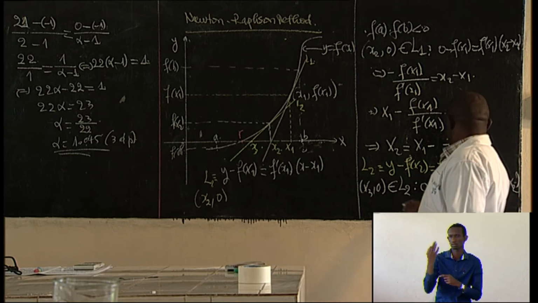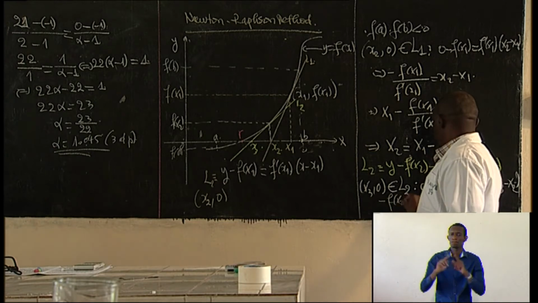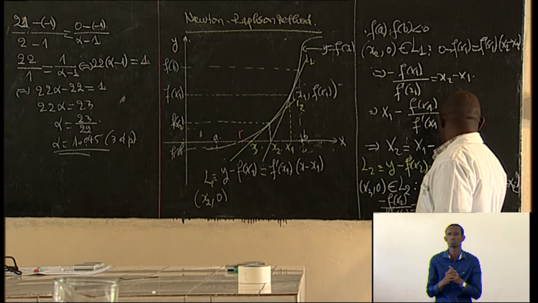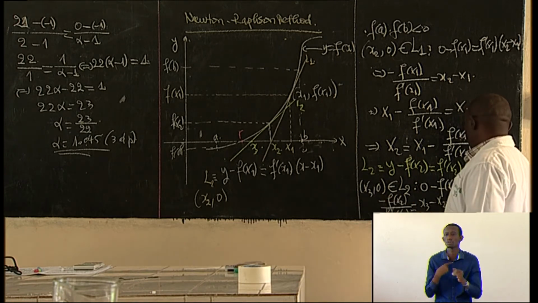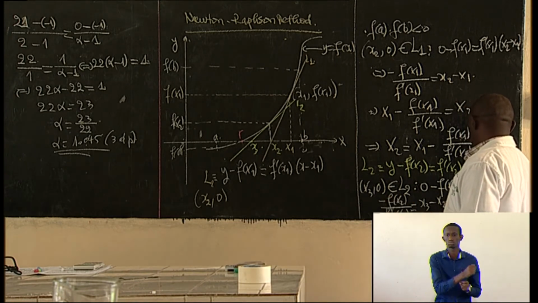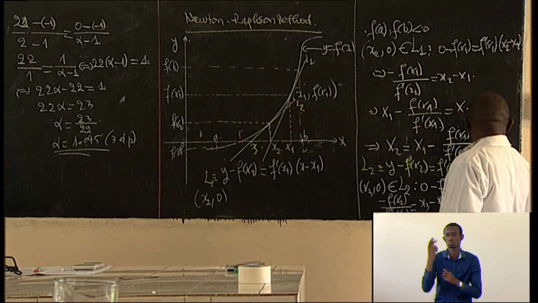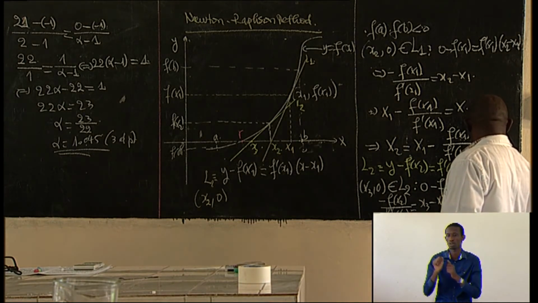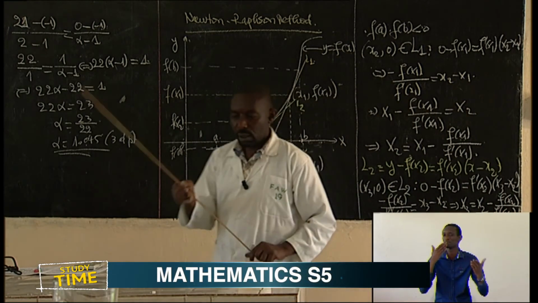And minus f of x2 divided by f derivative of x2 is equal to x3 minus x2. When I move x2 to the left-hand side, I'll be having x3, which is equal to x2 minus f of x2 divided by f derivative of x2. Are we together? Oh, very nice.